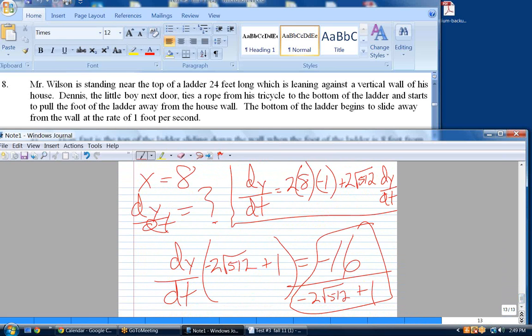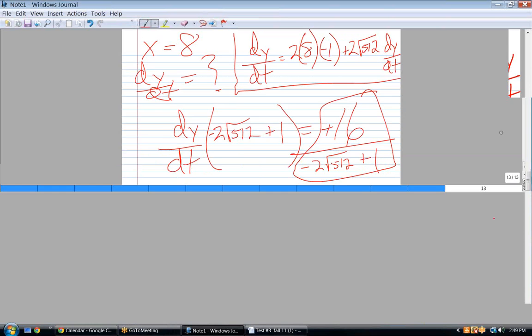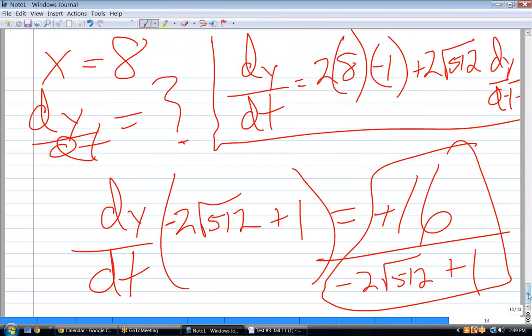It turns this into a plus 16 instead of a minus 16, and now dy/dt is a negative number. I'm not comfortable with that answer. Seems to me they either both need to be negative or both need to be positive. It's possible that I made a math error here.